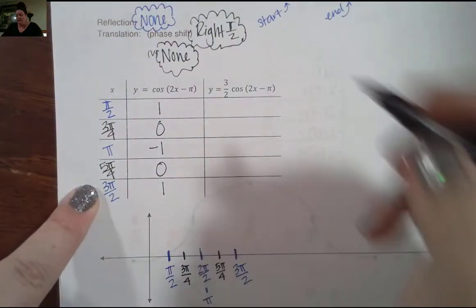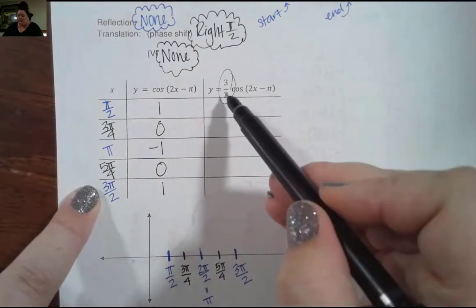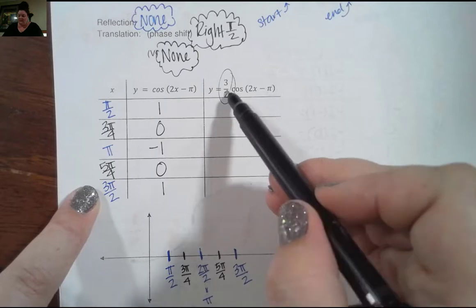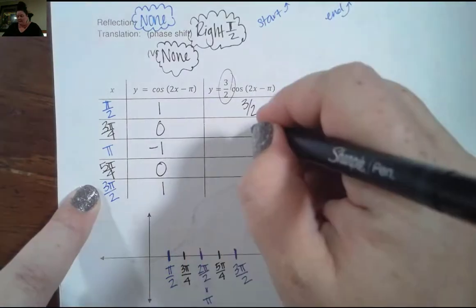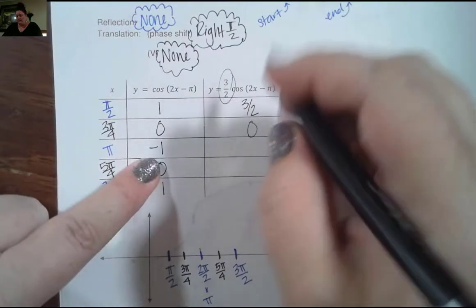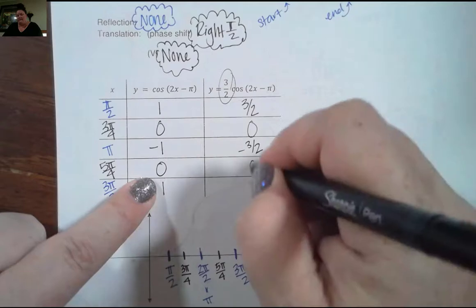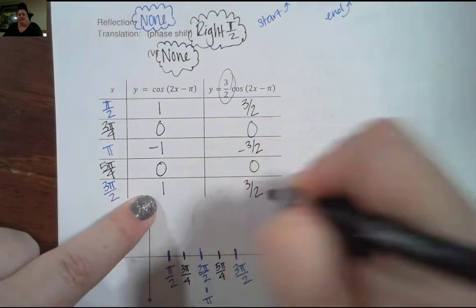Then the only thing we have to do is account for what's being done to the y. So here we just need to multiply all of these by 3 halves. 3 halves times 1 is 3 halves. 3 halves times 0 is 0. 3 halves times -1 is -3 halves. 3 halves times 0 is 0. And 3 halves times 1 is 3 halves.